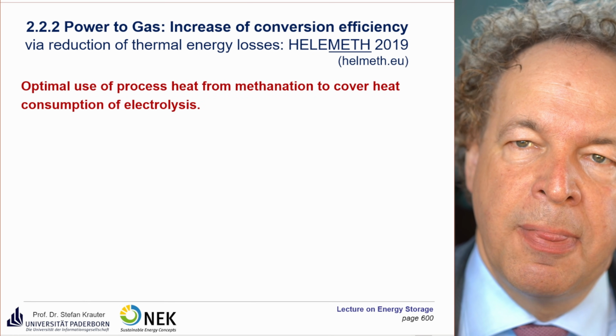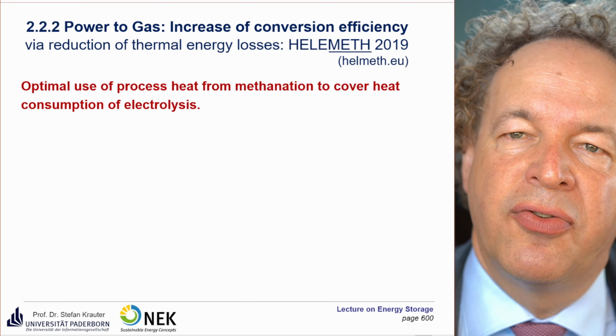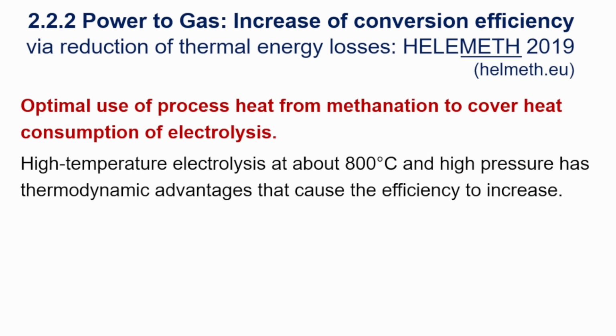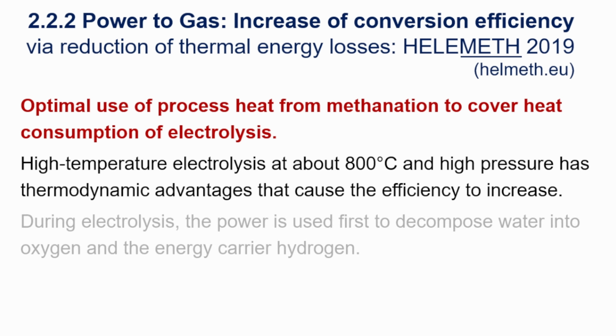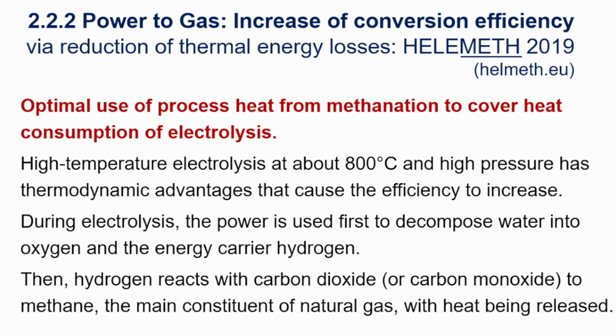How does it work? We make optimal use of the process heat from methanization to cover the heat consumption of the electrolysis. A high temperature electrolysis is applied, which works at about 800 degrees Celsius and high pressure. So that has a high efficiency. During the electrolysis, the power is used first to decompose water into oxygen and the energy carrier hydrogen.